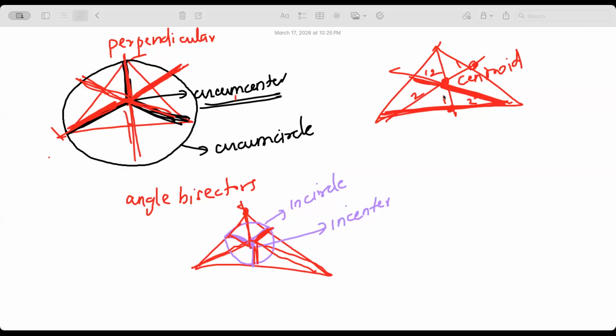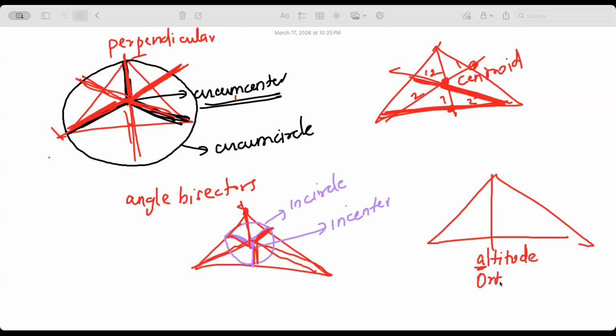And what else is remaining? Perpendicular bisector, and what did I miss? Altitude. Altitude is orthocenter. Remember, the words sound the same: altitude, orthocenter. Altitude means they're 90-degree things, so the meeting point is the orthocenter. Don't get confused at all.